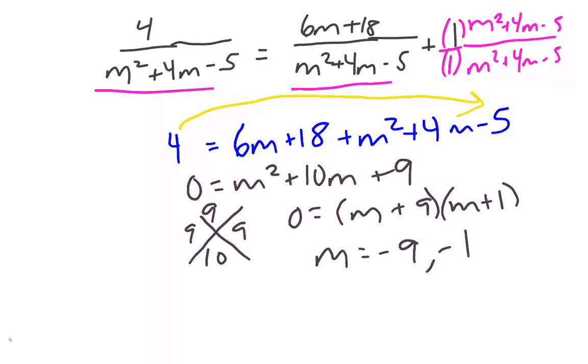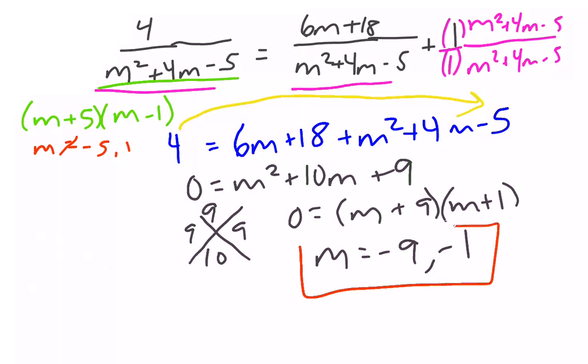Now I need to make sure that neither of those would be excluded. If I factor my denominator here, that would be m plus 5, m minus 1, which would mean I can't have m equal to negative 5 and positive 1, but that's not what I got, so I do have two solutions.